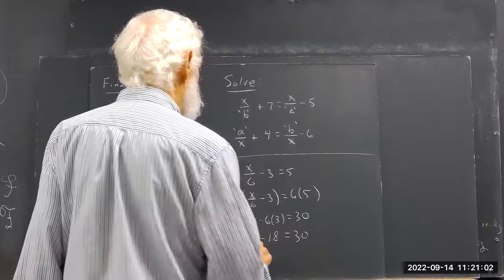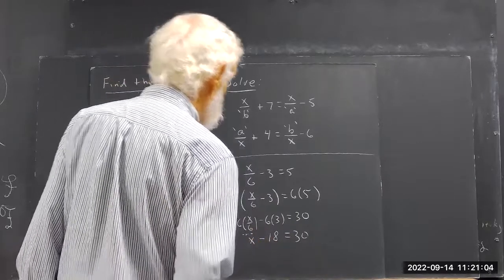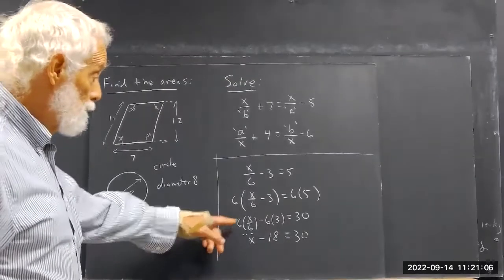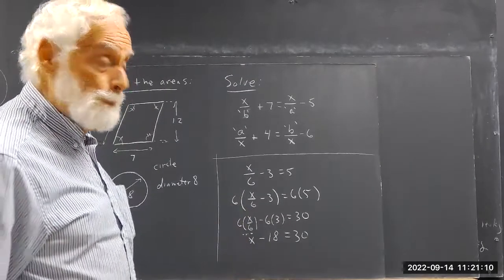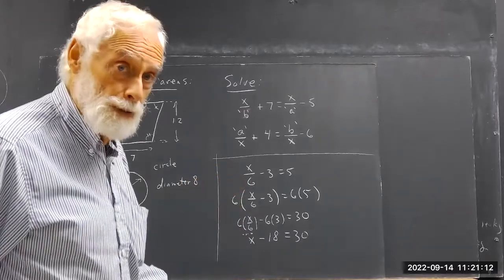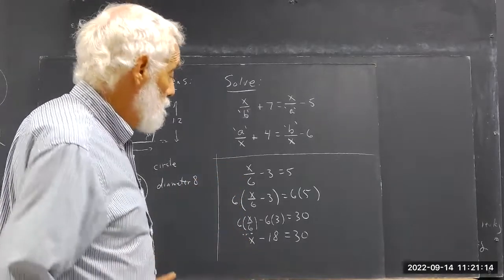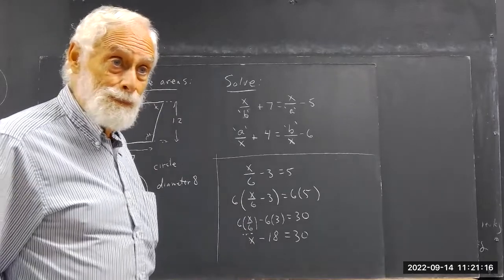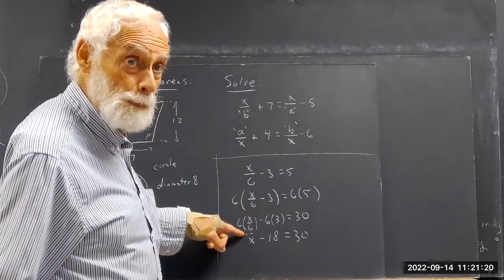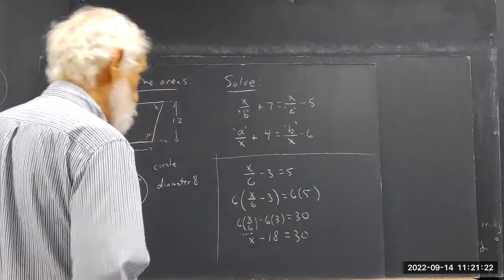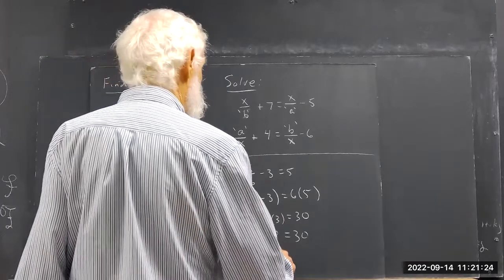So I'll have 2 dots there to remind yourself what we did last time to show why 6 times x over 6 is x. When the expressions get more complicated, you're going to want to be sure you understand why it works here. Anyhow, you get x minus 18 equals 30.